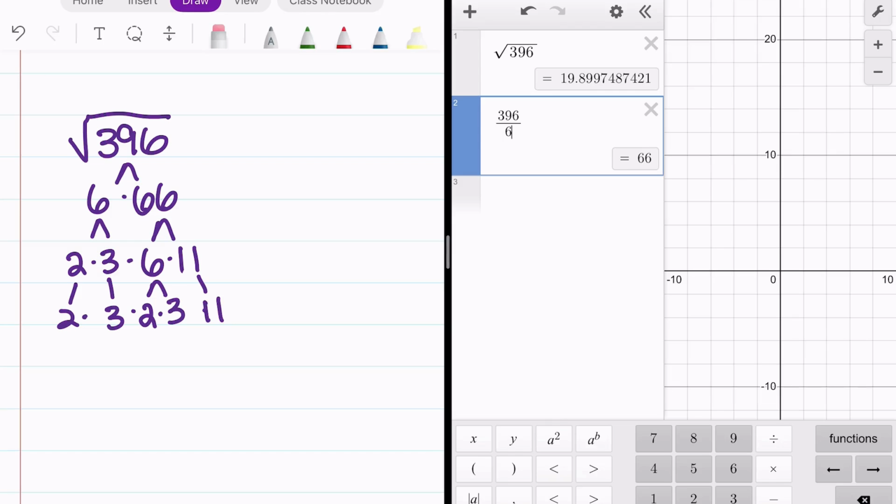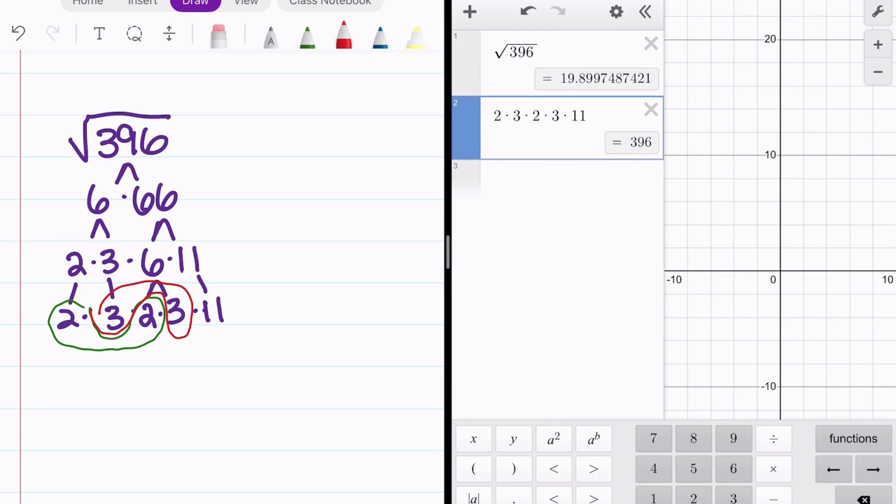And then this 11. The reason this works, guys, is that if I were to multiply all these prime numbers back, 2 times 3 times 2 times 3 times 11, I get the number I started with. That's why it's called prime factorization. So now I'm going to circle my pairs. I have this pair of 2s, and I have this pair of 3s.